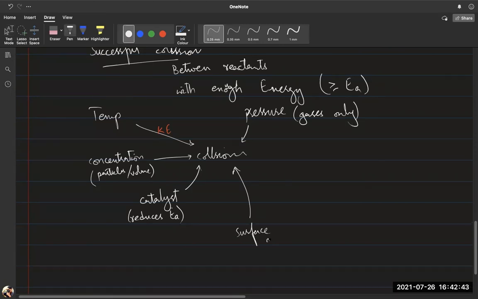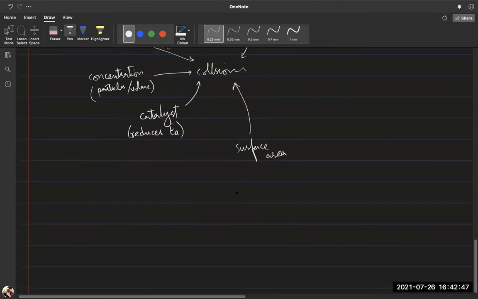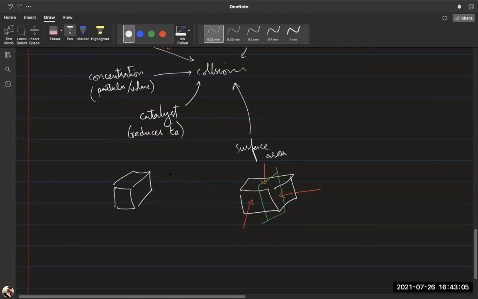Similarly, surface area means that particles are exposed. So for example, if I have one block here, then I want air to react with it, then air can collide here, air can collide here, air can collide here. That's it. But if I slice the cube into 2 smaller cubes, now what is possible?